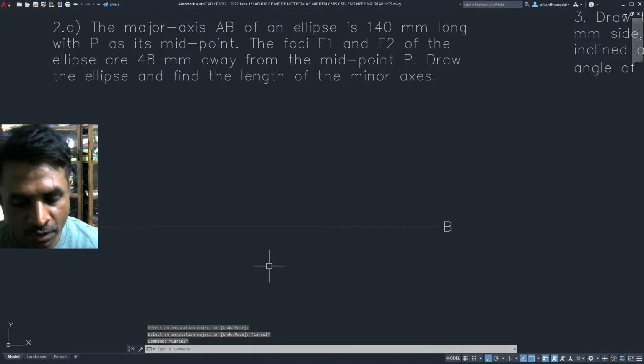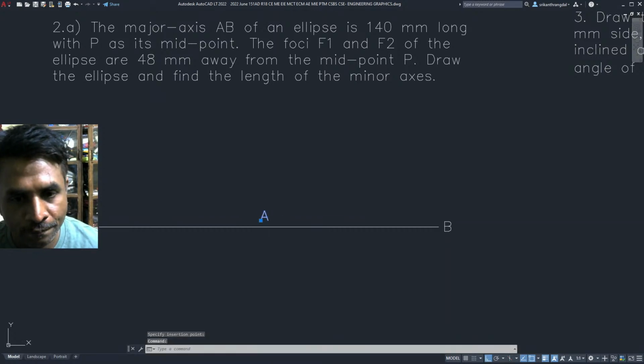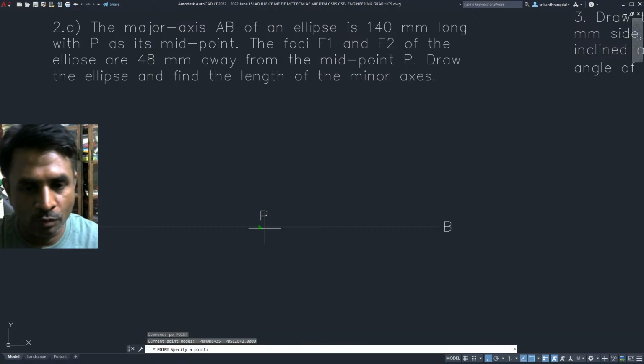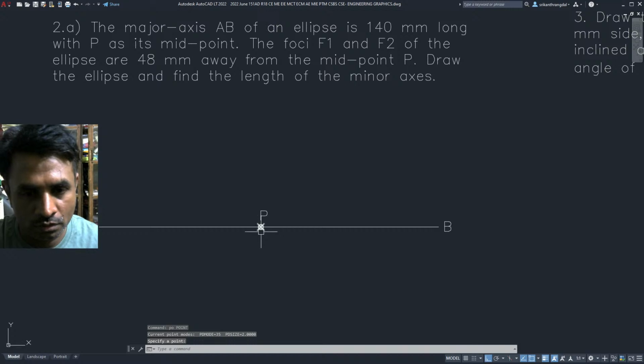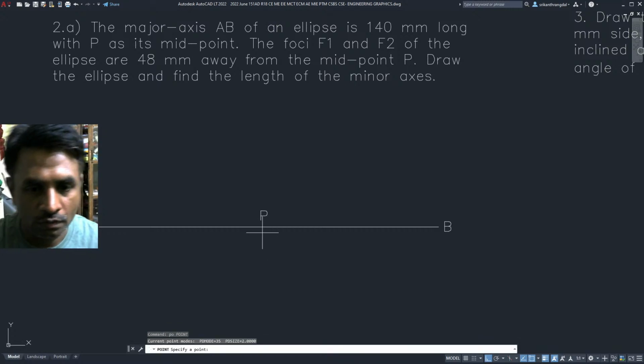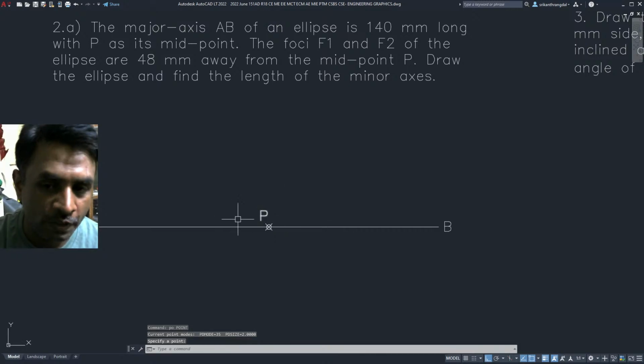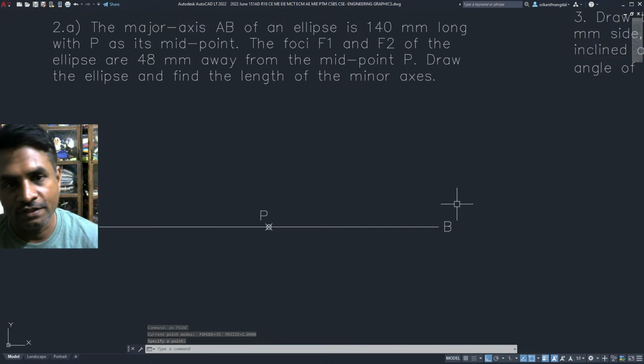Then the midpoint of this, just for reference, so it's supposed to be taken at the midpoint. Yeah, that's here. The midpoint is P, and the major axis is AB.